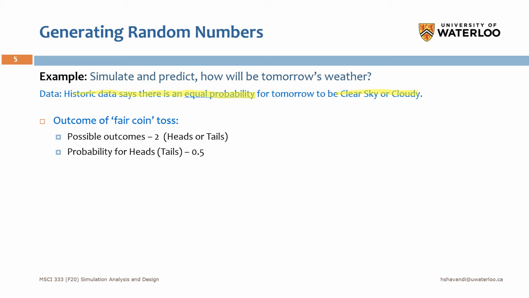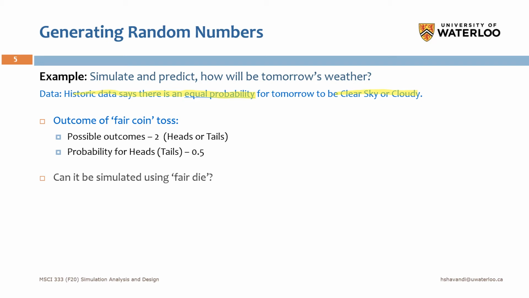If it lands up with heads, then tomorrow's weather will be clear sky, or if it lands up with tails, then it will be cloudy. Each outcome has an equal 50% chance. That's one way.